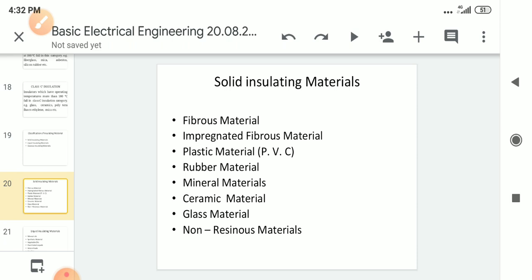Fibrous means wood, cardboard, cotton, silk, asbestos, paper, like that. Integrated fibrous material. Plastic materials means PVC, rubber material, mineral wool, ceramic materials, glass materials. Non-resinous material, all are coming under this solid insulation material.